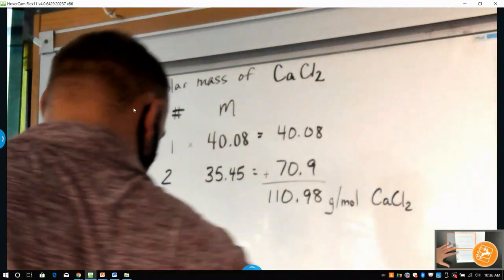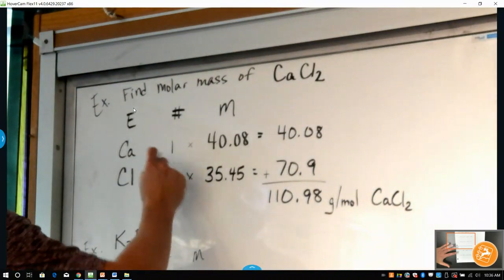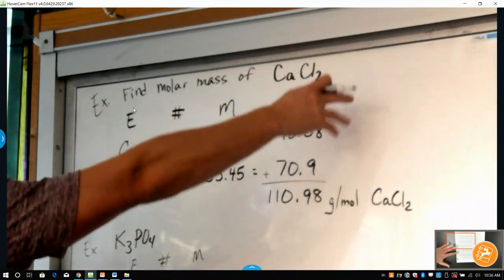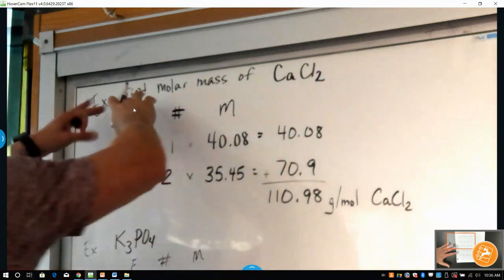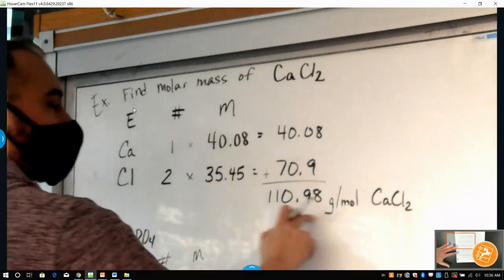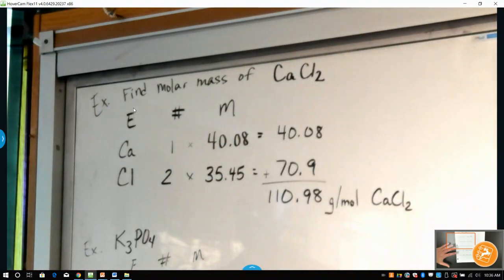Then, once you get that, you just multiply them together, right? Multiply across, get those values, add them together, and then your final answer, if they're asking for molar mass, it is that many grams per mole of calcium chloride.